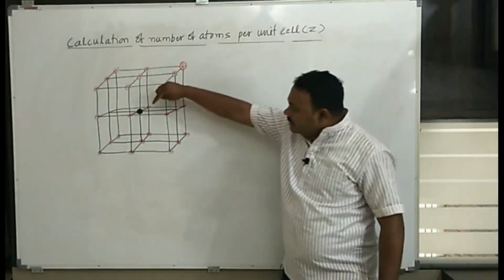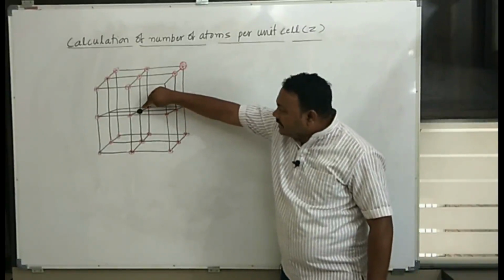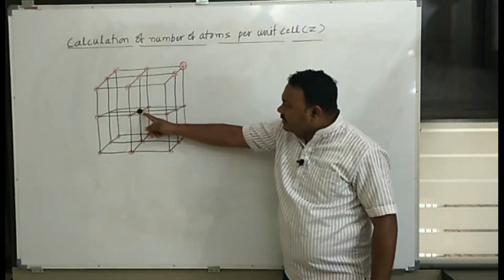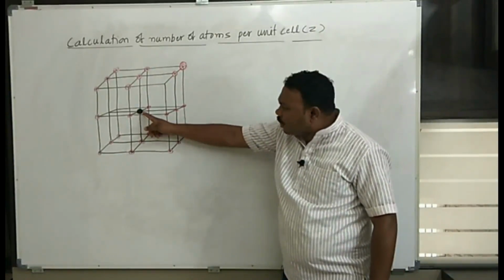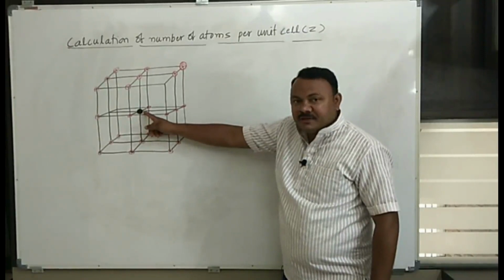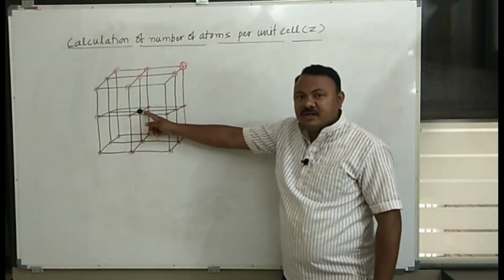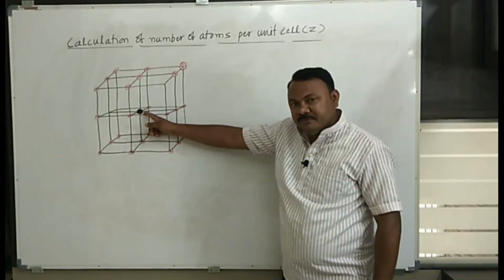Now just look at the particle which is marked by the dark black color. You see this particle, it is common to 8 unit cells. This is a corner particle which is common to 8 unit cells, and it gets equally shared between all 8 unit cells.